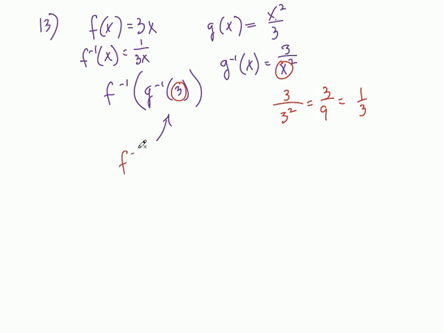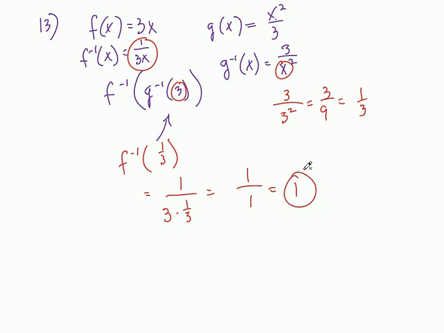Now we're taking that 1/3 and putting it into the inverse of the f function. Here's the f function right here, so we're going to take this 1/3 and throw it into that. So it's going to be 1 over 3 times x, which is this 1/3 right here. Okay? So it's 1 over, what's 1/3 of 3? It's 1. 1 over 1 is 1, so the answer is 1.